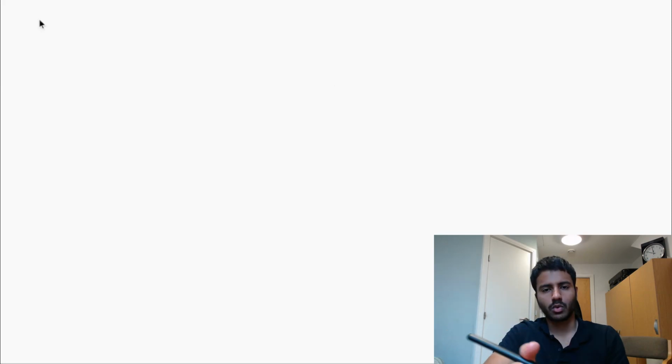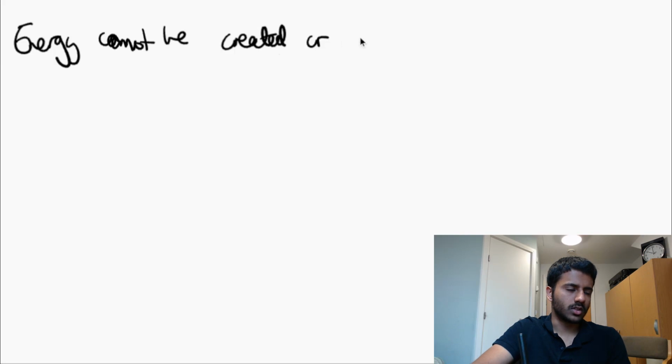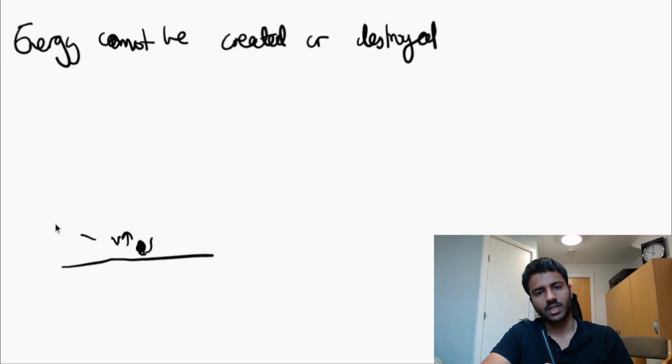One of the most important laws of physics is that energy cannot be created or destroyed. So when I'm here with my football, basically on the ground, and I kick it, I am giving it some speed, some velocity upwards, and therefore we know that the energy related to being with speed is kinetic energy.